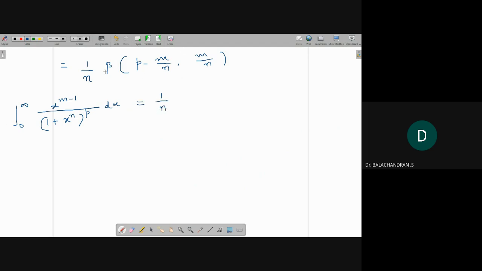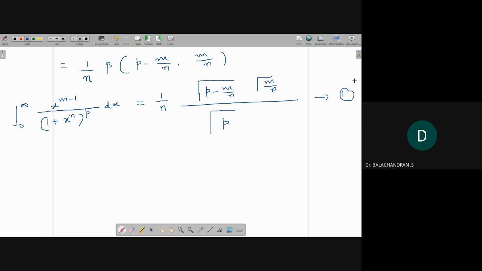So use the relationship between beta and gamma function. So this is the gamma of p minus m by n into gamma of m by n divided by, just add these two, gamma of p. So this is the first part. You call this is 1.